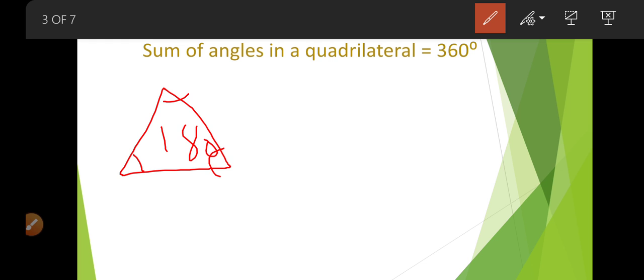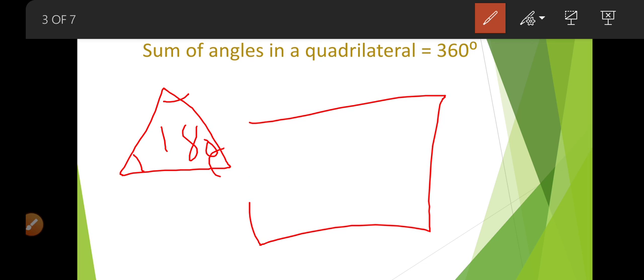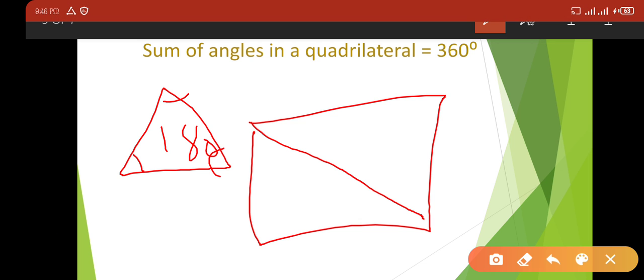So now if you have a quadrilateral, let's say this, and if we divide this quadrilateral into two from one diagonal to the other side, if you look closely, we have two triangles in this shape. Now this is the first triangle and this is the second triangle.